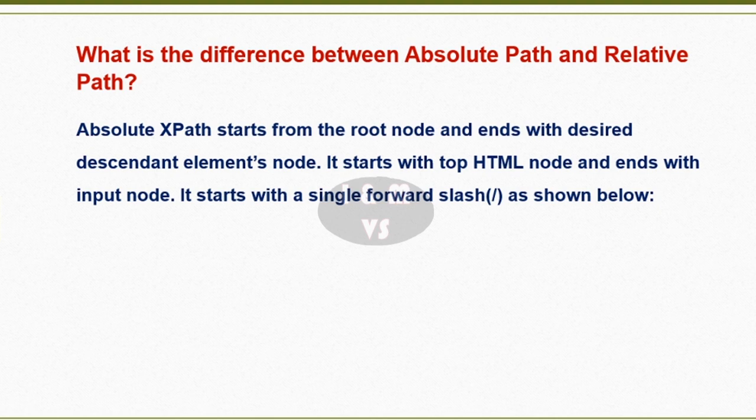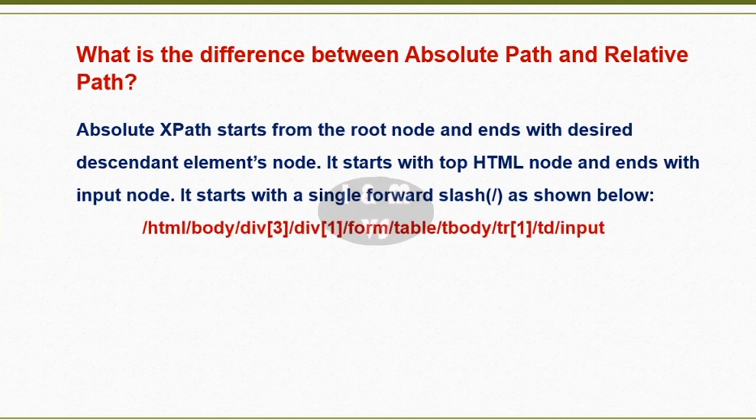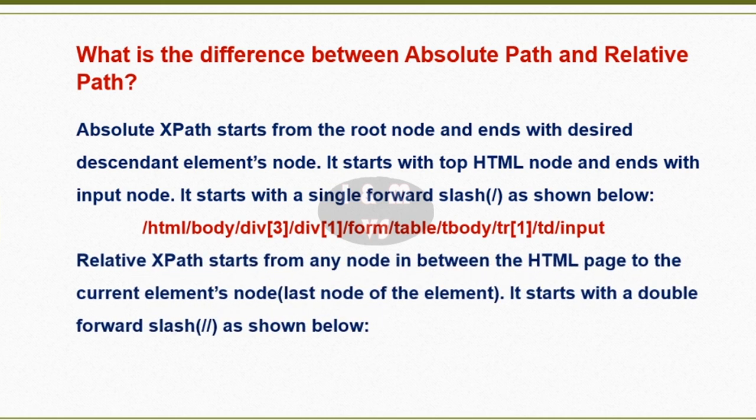It starts with a single / as shown below. Relative XPath starts from any node in between the HTML page to the current element's node, the last node of the element. It starts with a double / as shown below.